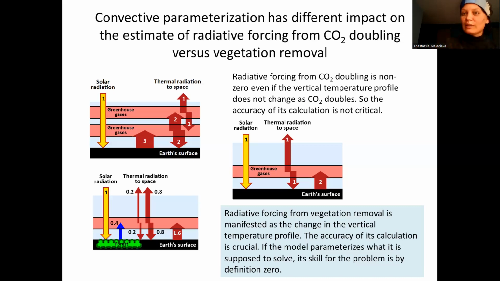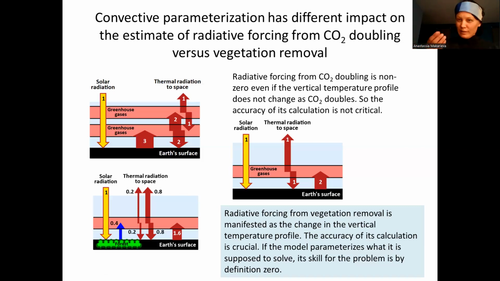And if the model with the convective parameterization parameterizes what it is supposed to solve, which means how the vertical temperature gradient will change when we remove the forest, its skill for the problem is by definition 0.